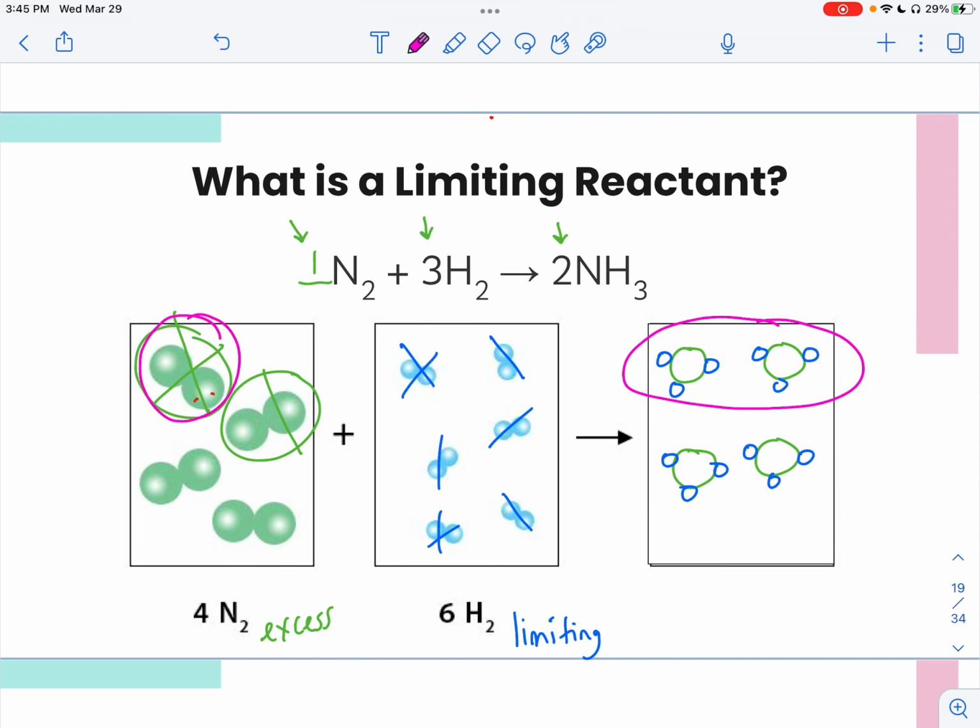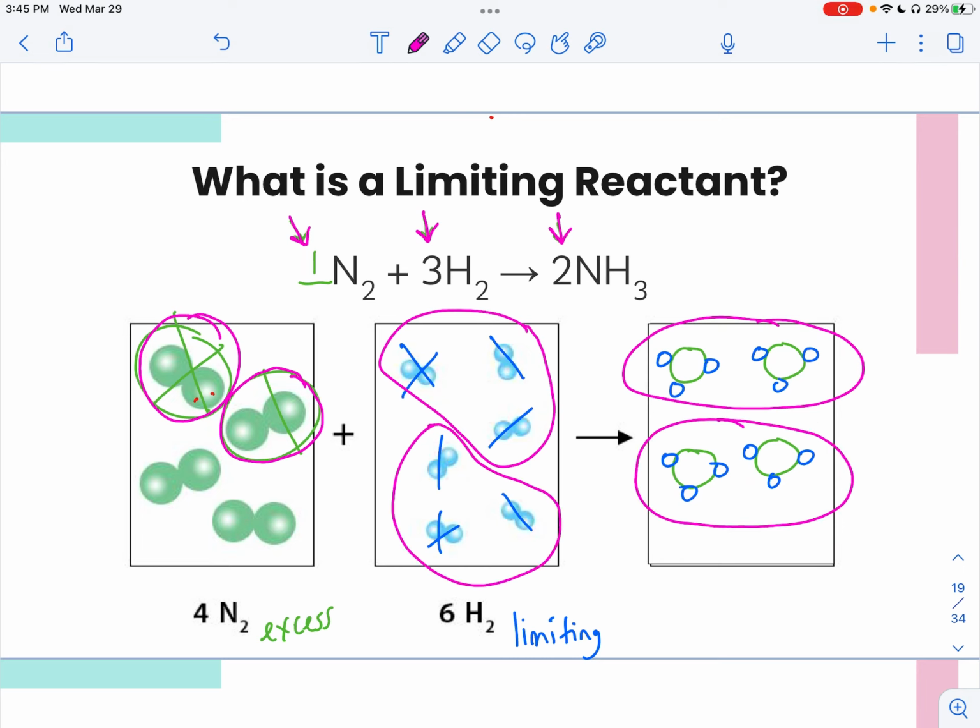Remember, I used 1 nitrogen, and then I used 3 hydrogens, right? So that matches what we know. 1 nitrogen, 3 hydrogen makes 2 NH3s. Okay, and then I did the same thing again. I took 1 nitrogen, 3 hydrogens to make 2 ammonia.